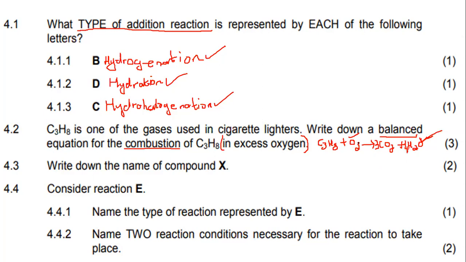Then I look at my oxygens. The hydrogens are balanced. I see that on the left-hand side, I have 2. On the right-hand side, I have 3 multiplied by 2, which is 6, plus I have 4. So for oxygens I have 3, and I will multiply by the 2 on the oxygen.